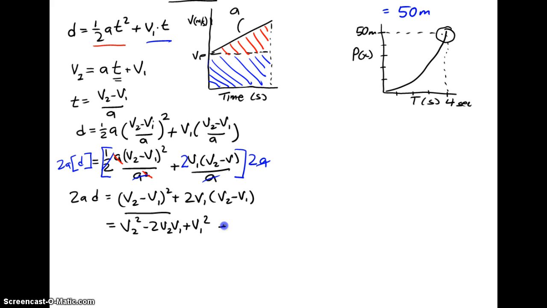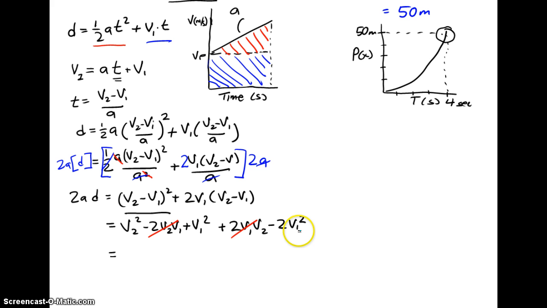Next one, we'll multiply all the way through. 2v1v2 minus 2v1 squared. Let's see if we can cancel some of this stuff out. Okay, if I combine, I can see my minus 2v2v1 cancels with my 2v1v2, so goodbye there. I've got a v1 squared here.